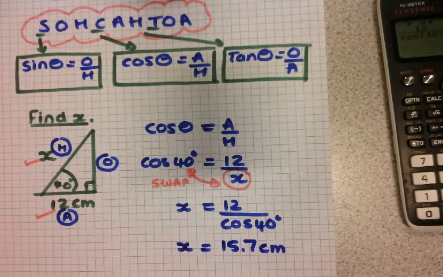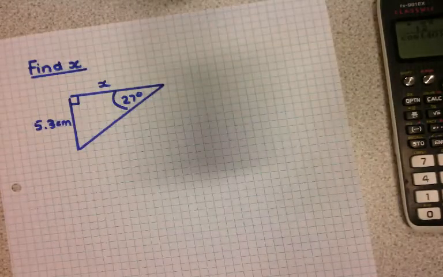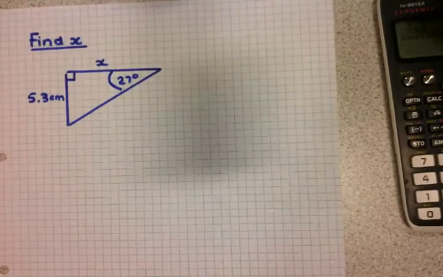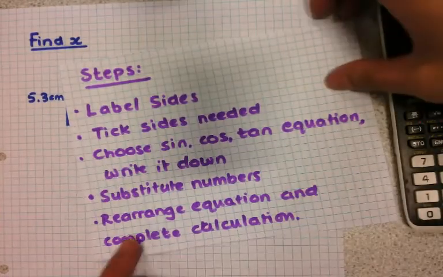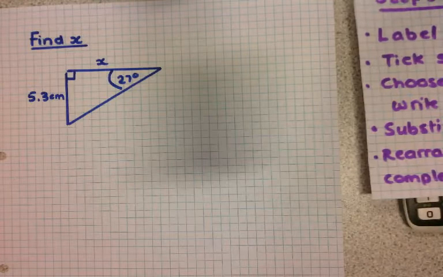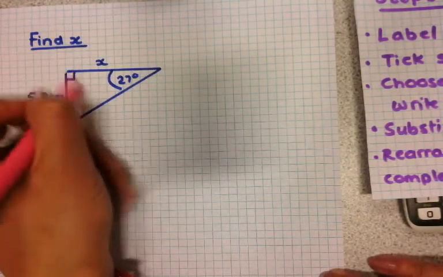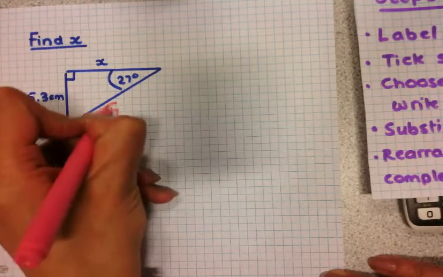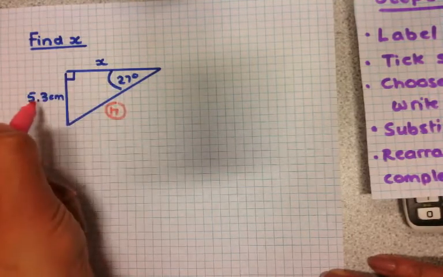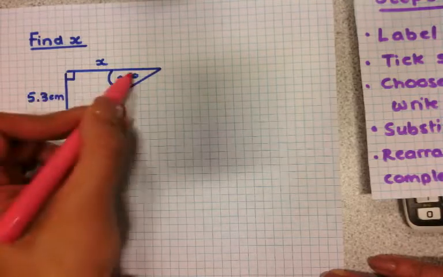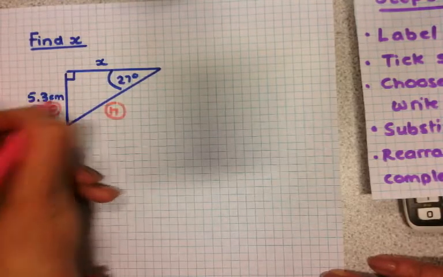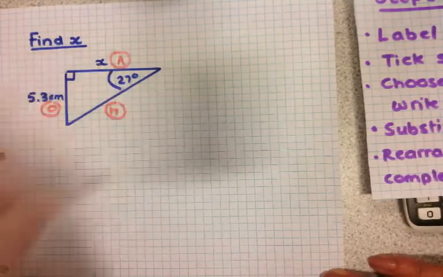Okay, I'm going to do another one. Remember the steps. So the first thing I'm going to do is label the sides. So the hypotenuse is opposite the right angle. Then the side opposite the angle is the 5.3, and next to the angle is the x.